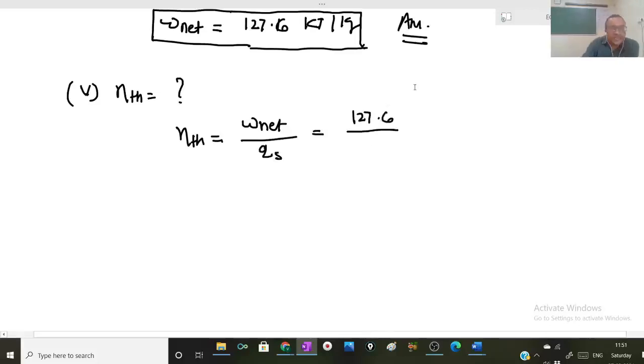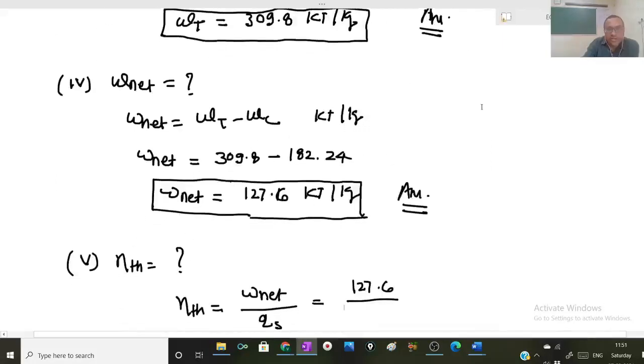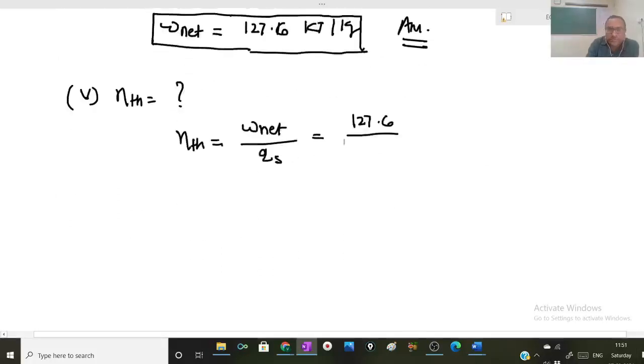Heat supplied is 632.17, into 100. So the thermal efficiency of the gas turbine cycle will be 20.18%.